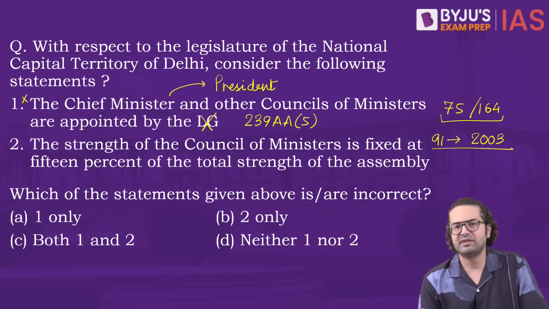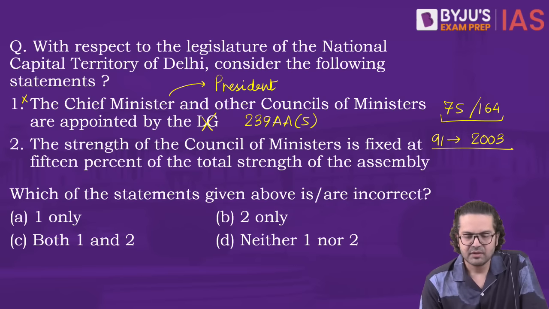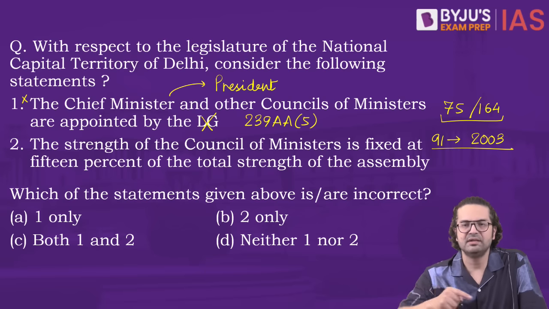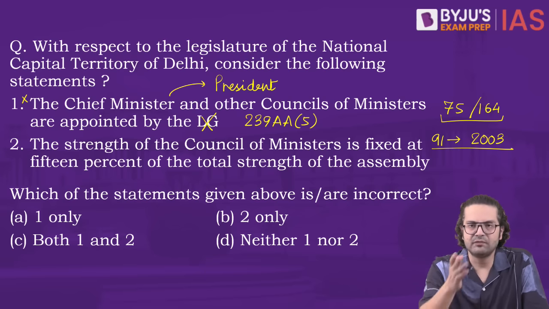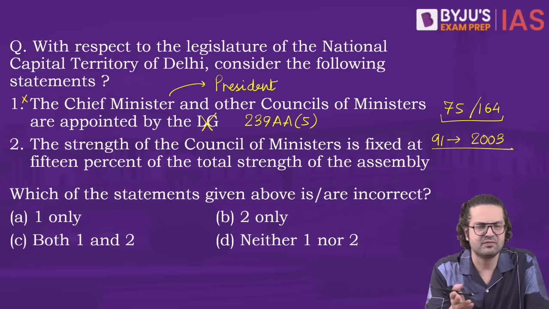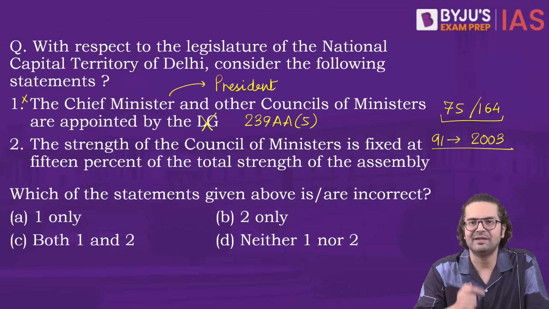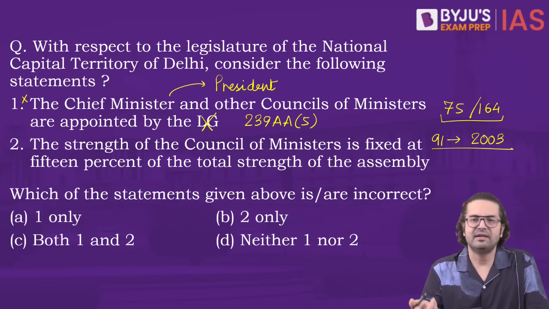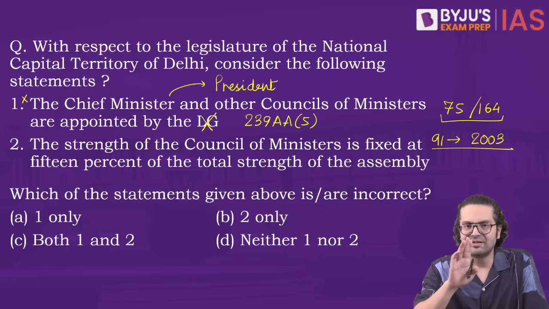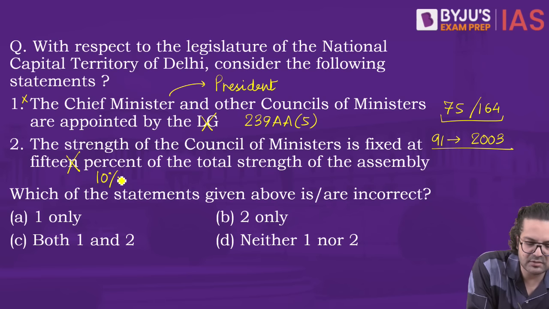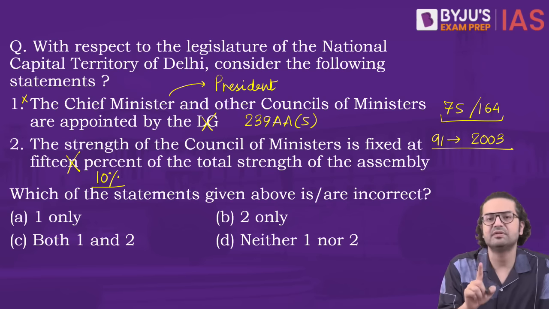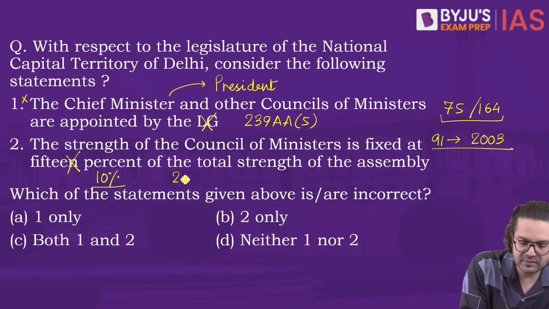The modification was that the maximum number of ministers, including the PM or the CM in the Council of Ministers, should not exceed 15% of the total strength of the lower house, whether it is Lok Sabha or the State Assembly. That means in Delhi also it must be true. Sadly, that's not the case. In Delhi, this limit of ministers should not be more than 10%, not 15%. Please remember this as well. This also is a constitutional provision.